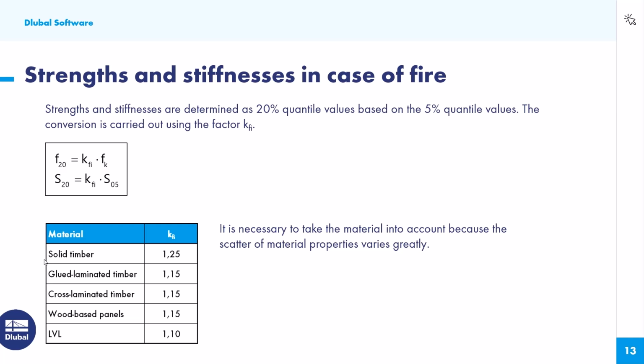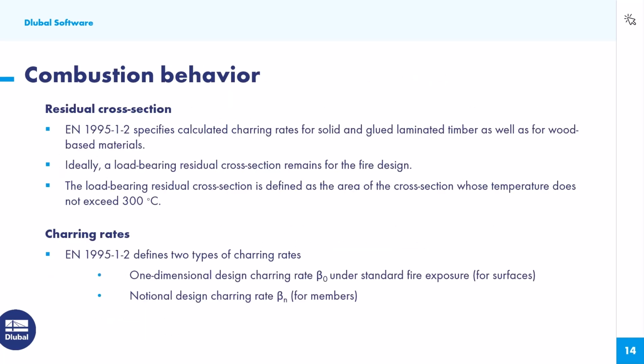It depends on the scatter of the material properties because it varies greatly from solid timber to glulam, for example. And I guess it's clear that the properties scatter because of branches and whatever, cracks. Okay, that's it.